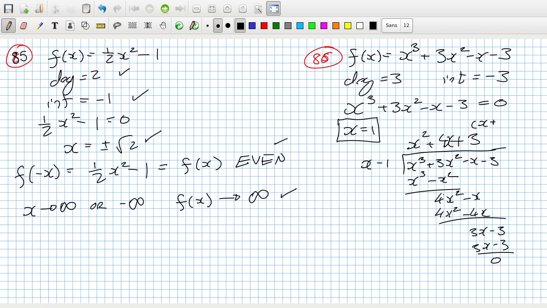That's x plus 3 and x minus 1. So that means x is 1, or plus or minus 1, or also minus 3. There's 3 possible zeros. Minus 1, 1, or minus 3.